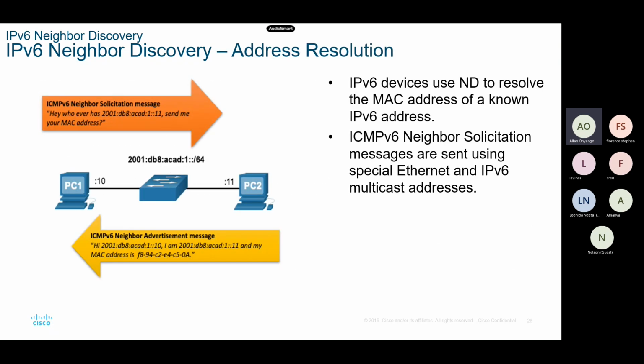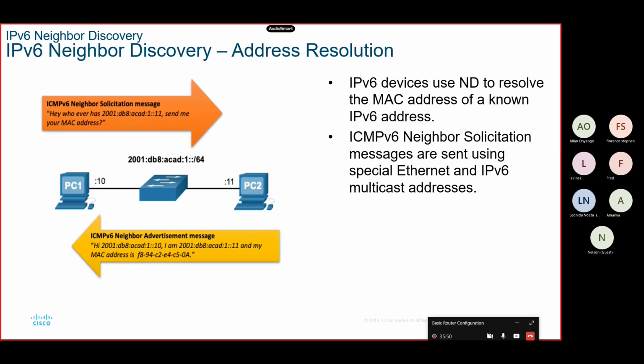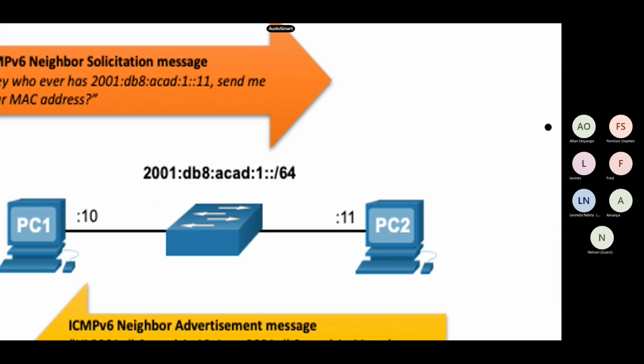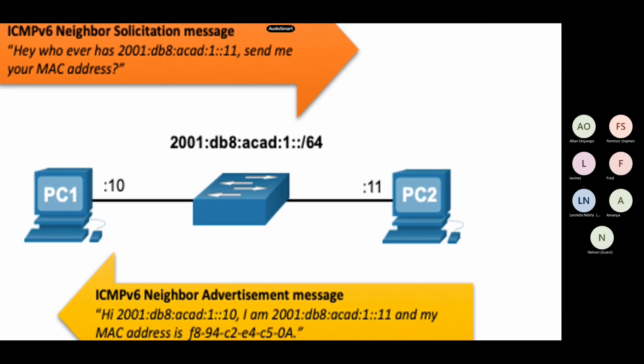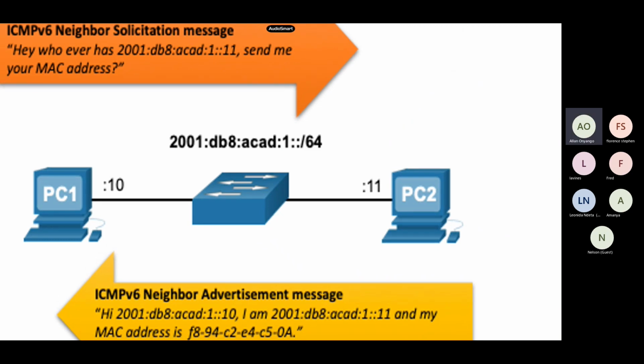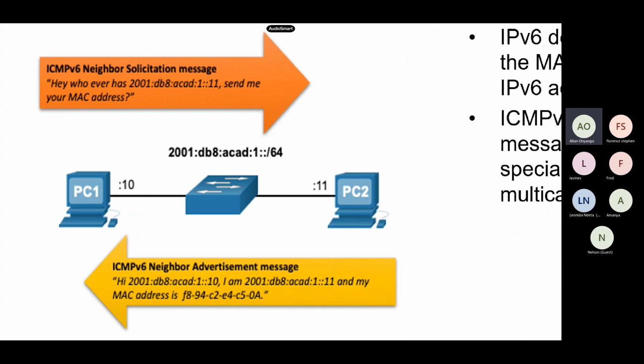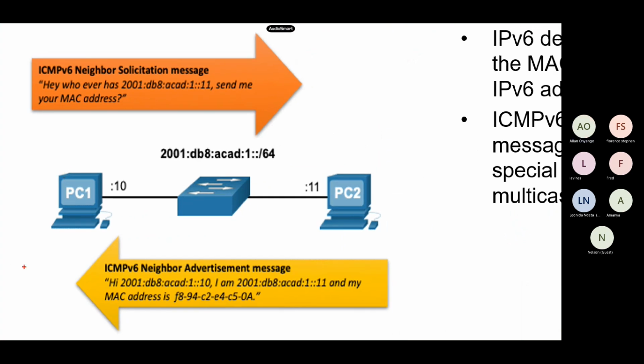Now, like I mentioned, I just want to demonstrate this a little bit here. Let's say this PC1 wants to send a message to PC2, but PC1 does not know the MAC address of PC2.